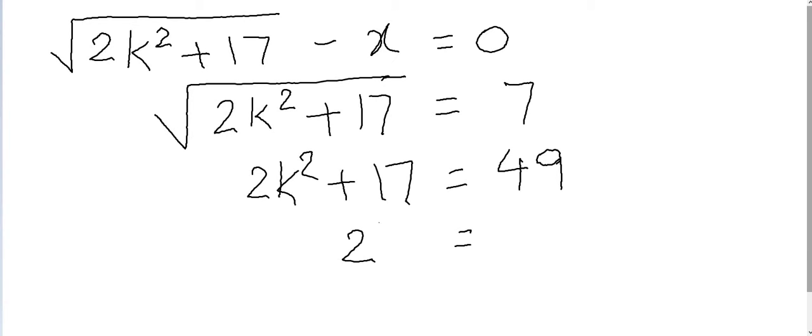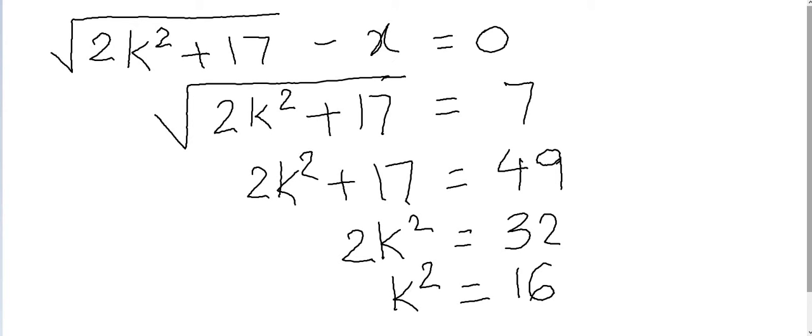So then you get 2k square equals 49 minus 17, which is 32. And then from here you can get k square equals 32 divided by 2, which is 16. And then you get k as square root of 16, which is plus or minus 4.